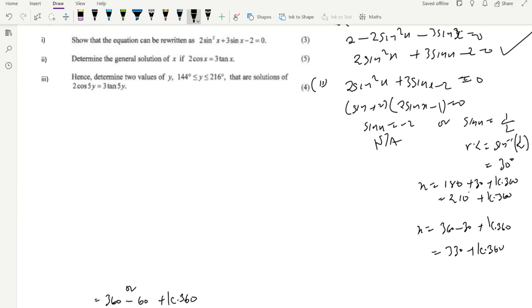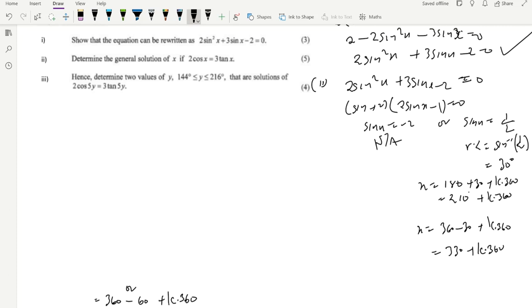Okay, grade 12. For part 3, they say that hence determine two values of y between 144 and 216 that are a solution of 2 cos 5y equal to 3 tan 5y. What is the relationship between these two questions, guys? We have 2, we have 2.